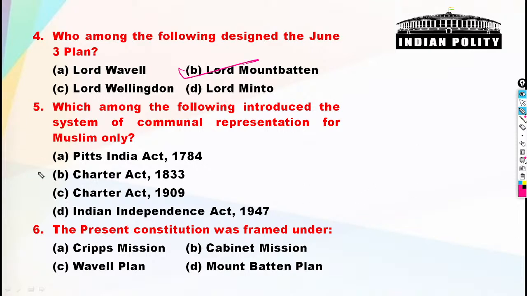It is wrongly written as Charter Act; it is the Indian Council Act 1909. So please check it. Okay.